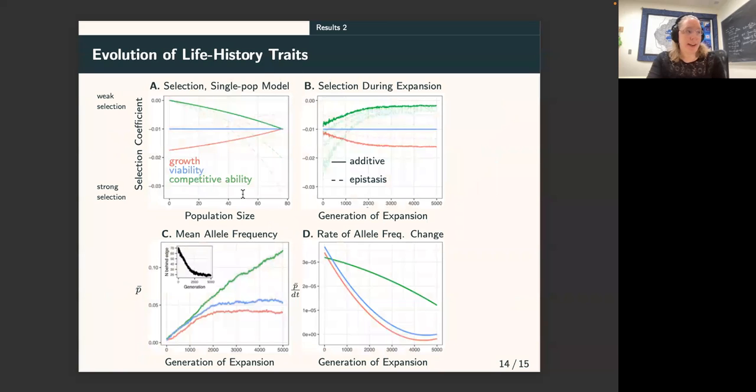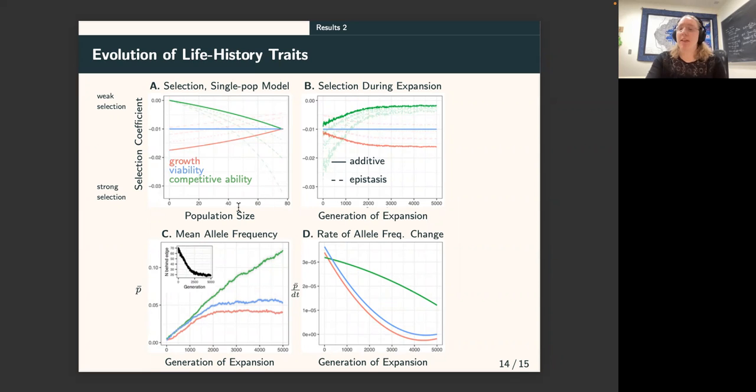Well, first, some predictions. So this is the model of selection in a single population. Once again, when populations are large, all three traits have the same selective pressures, but when populations are small, carrying capacity is under weak selection and intrinsic growth rate is under strong selection.